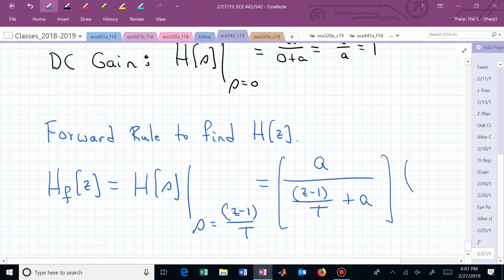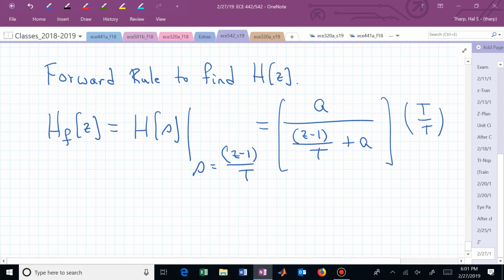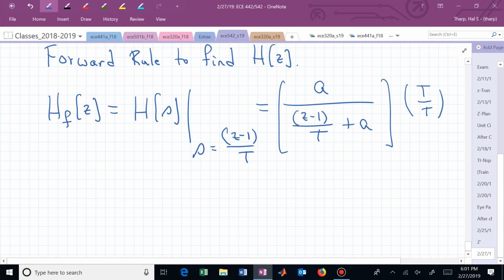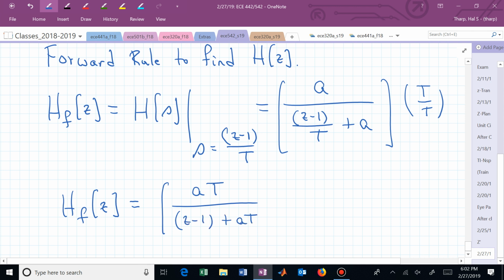We can clean that up a little bit if we multiply by 1. Our H sub f of z, our discrete equivalent of a low-pass filter using a forward numerical integration approximation strategy, will now produce a filter in the discrete time setting of a T over z minus 1 plus a T.